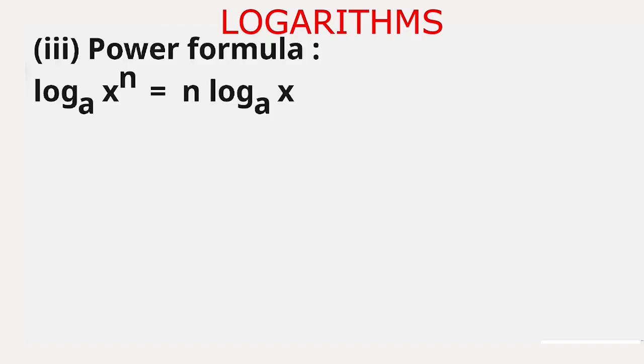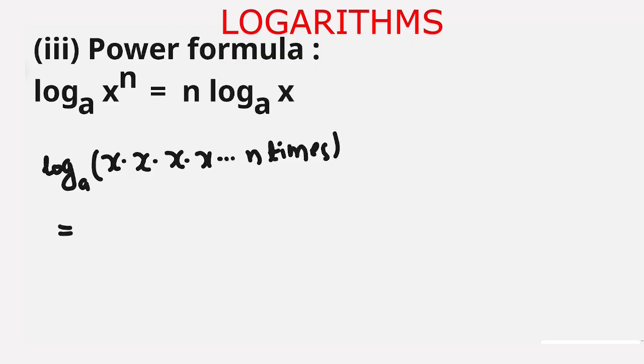Now we prove the formula. This formula is nothing else but the extension of the product formula. Log x to the power n base a can be written as log base a of x into x into x into x, n times.